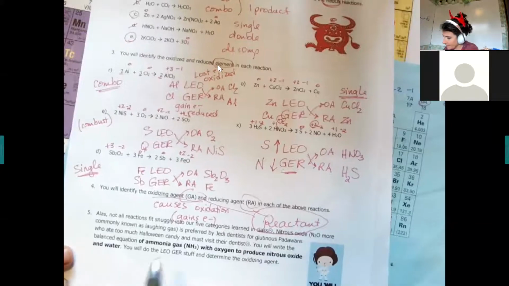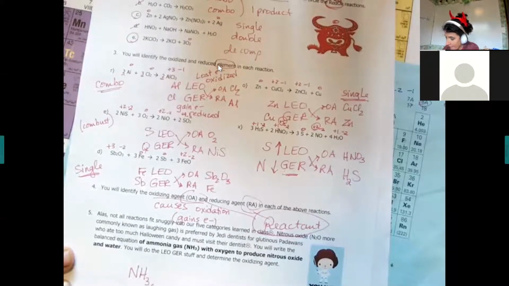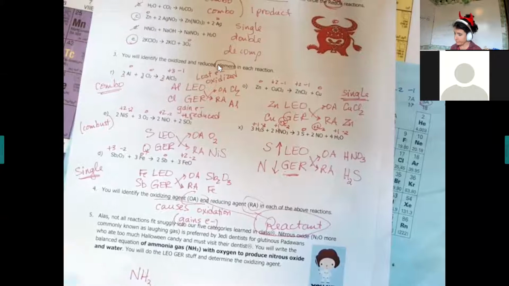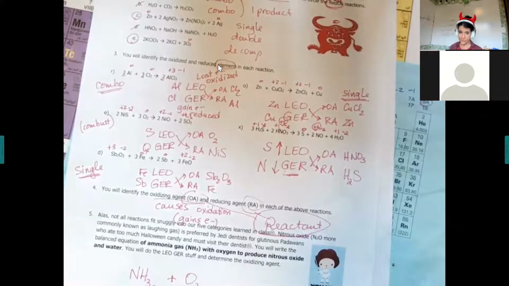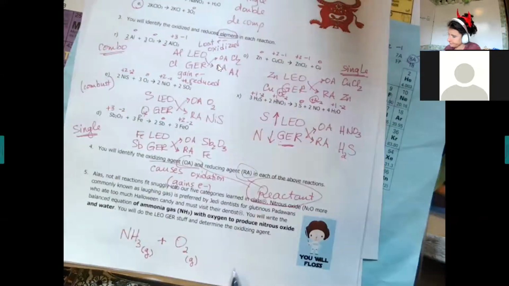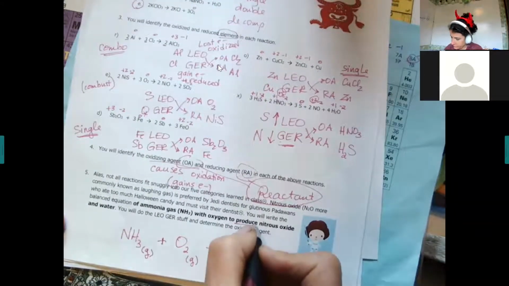All right, this one, we have ammonia, which is NH3. You didn't have to show states of matter, but I'm going to just for the heck of it. They show up today in our notes. So produce means arrow.